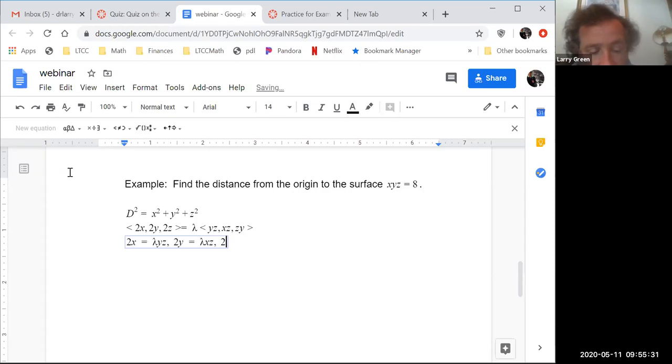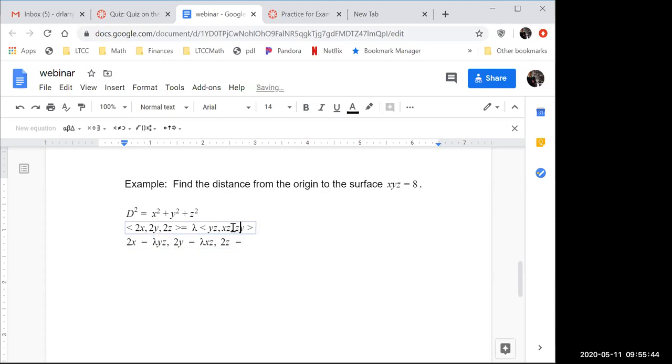And we can say 2z equals lambda zy. Wait. Is this right? That shouldn't be zy. That should be xy. That should be xy. Better.